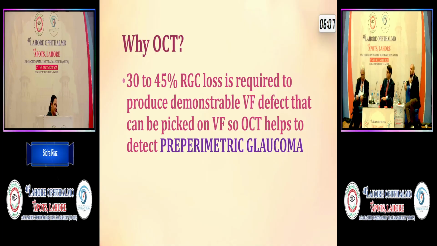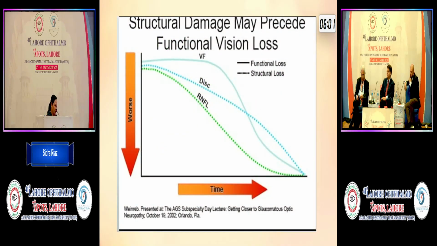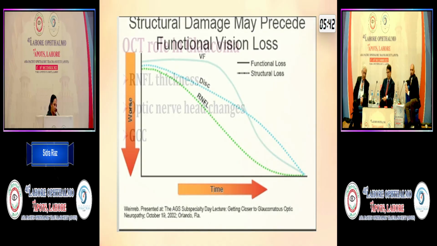So pre-perimetric glaucoma detection can be very helpful with the use of OCT. Here in this graph, you see that the retinal nerve fiber layer is the first to decrease in patients of glaucoma, followed by disc morphological changes, and then comes the visual field. So it is the green line of this graph which you will pick up with the help of this OCT.